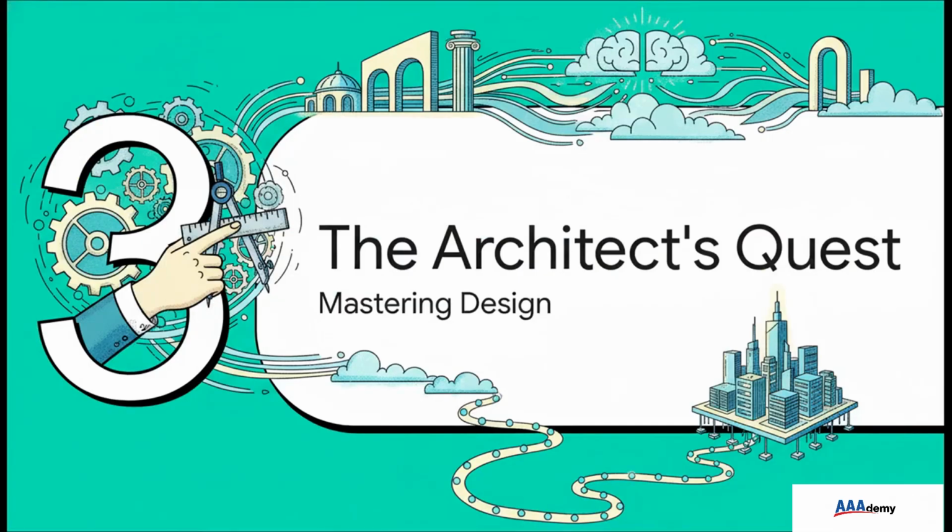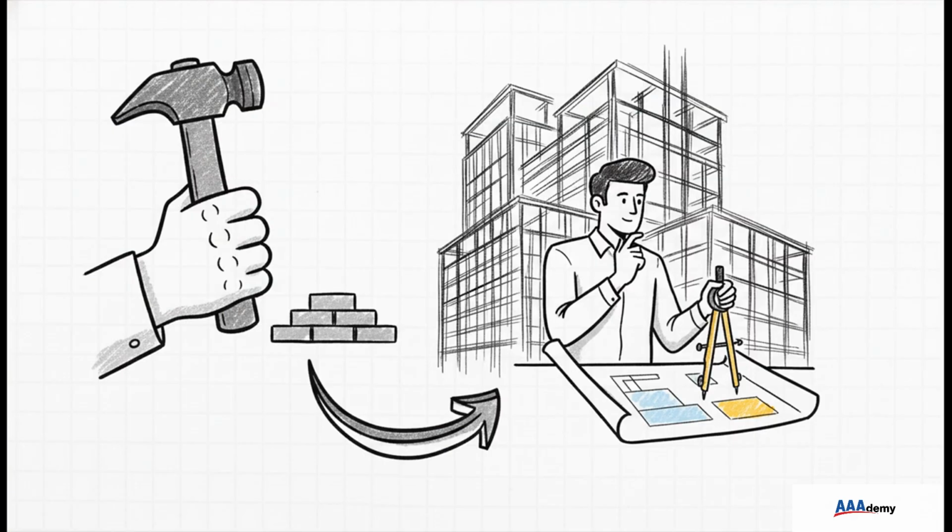But here's the thing. Just knowing how to use the tools, that's only the beginning. The real journey, the true quest for an architect, is about mastering the art of design itself. And this right here perfectly illustrates the key difference. Look, pretty much anyone can learn how to use a hammer, right? But it takes a real architect to design the entire building.